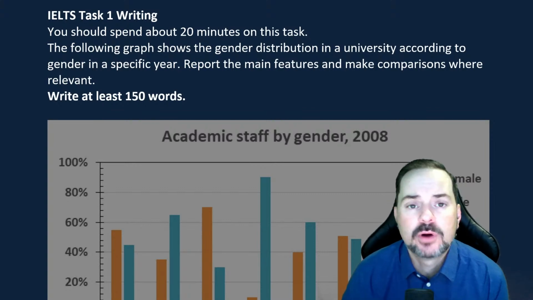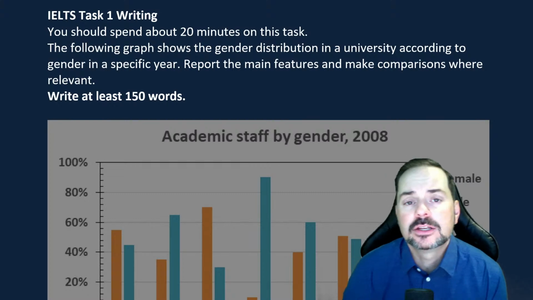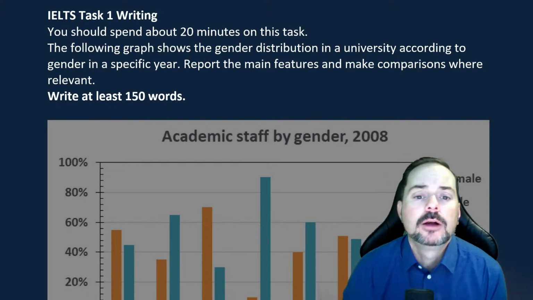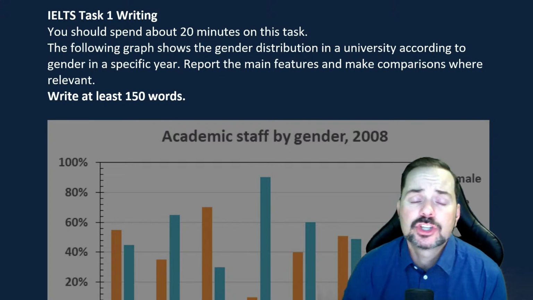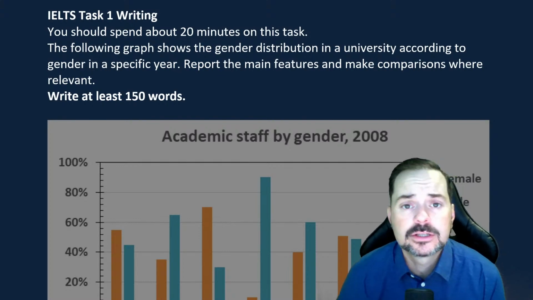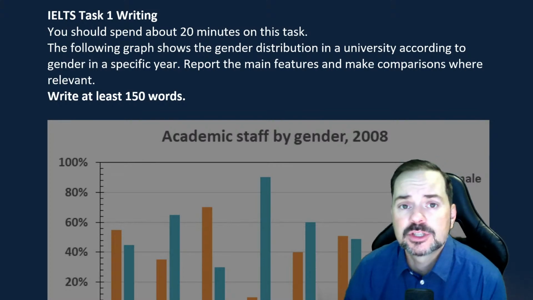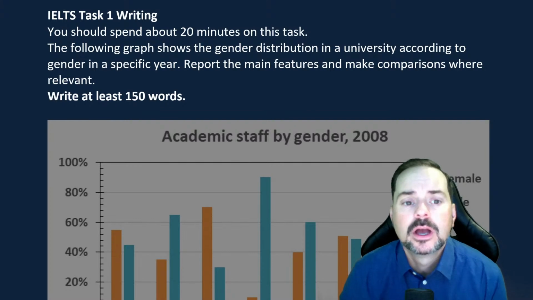It's an expository essay, which means that you have to explain and expose the information to your reader. And you do that based on a graph or a chart or diagram that they give you. Make sure to practice all the different kinds of task 1 questions before your IELTS exam, especially if you haven't done this type of writing much.